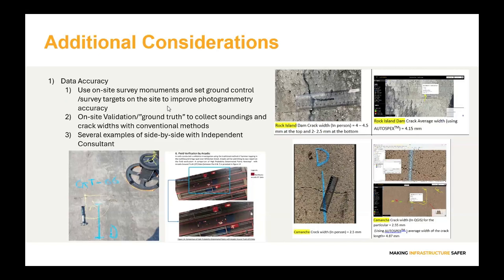From a relative accuracy perspective, Bentley quotes about plus or minus 3 times whatever resolution you're collecting at. So since we're collecting at about 1 millimeter per pixel, the relative accuracy is about plus or minus 3 millimeters in terms of the measurements that we take within the photogrammetric models.